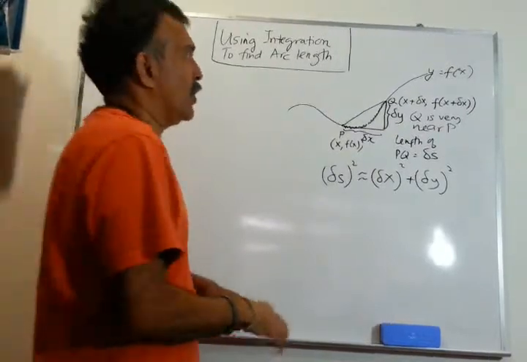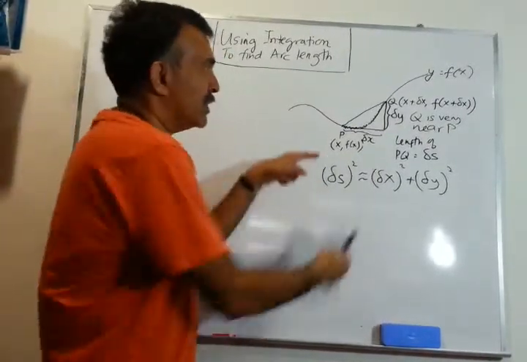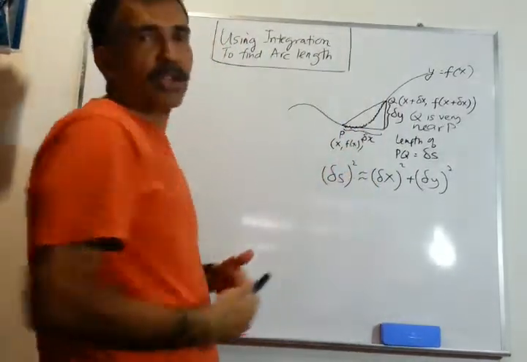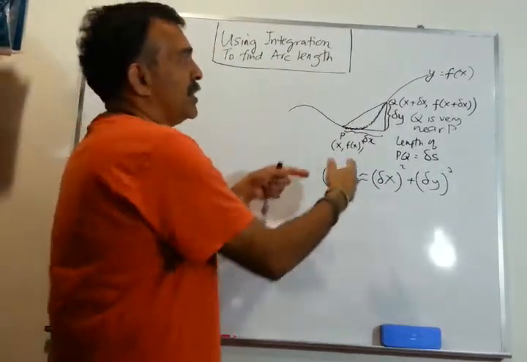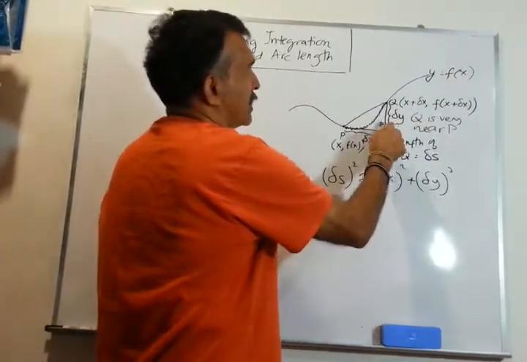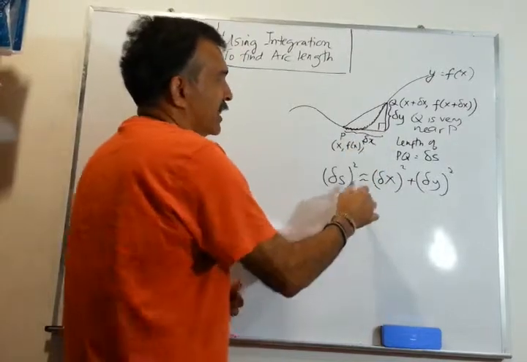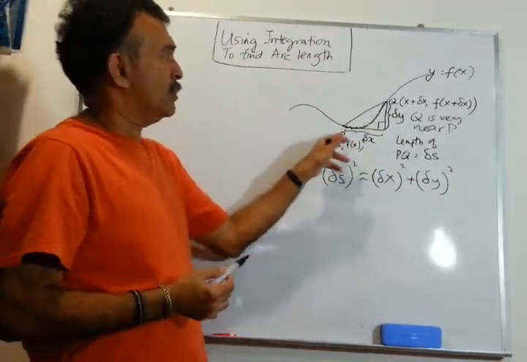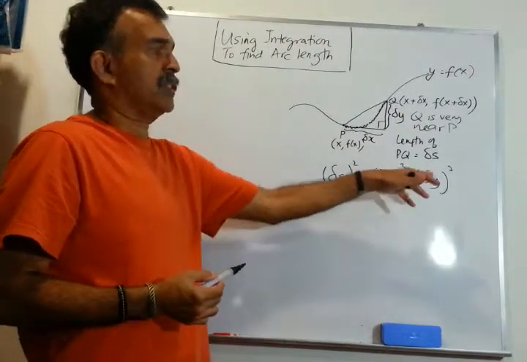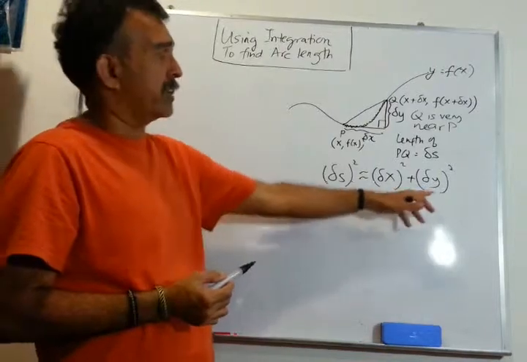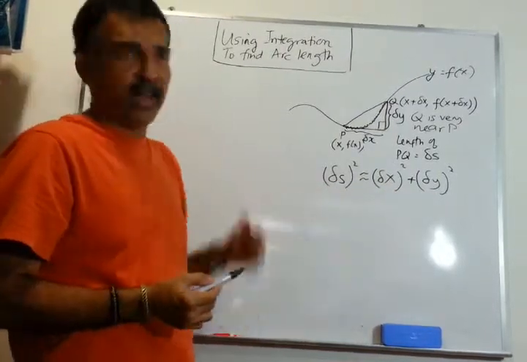This is what I want, the arc length, but I'm saying that Q is very near P, so let me just approximate that by a straight line. And using Pythagoras theorem, delta s squared is approximately equal to (delta x) squared plus (delta y) squared.